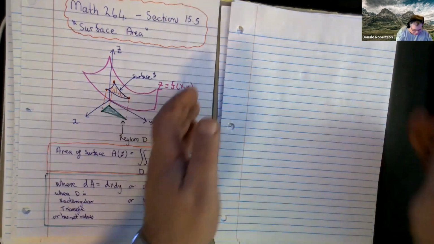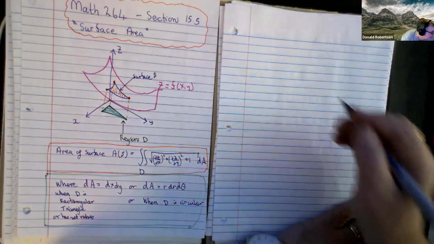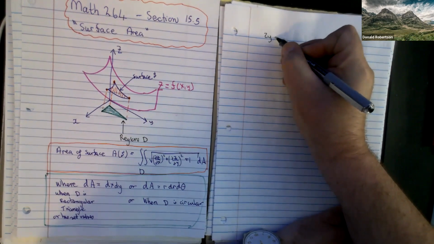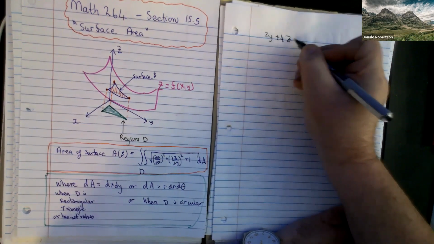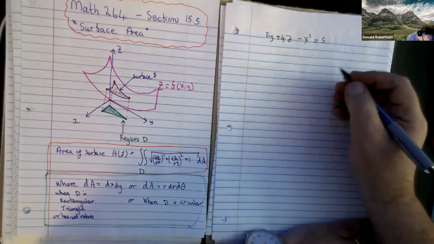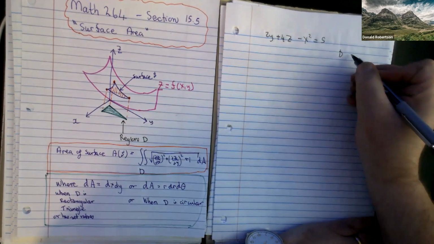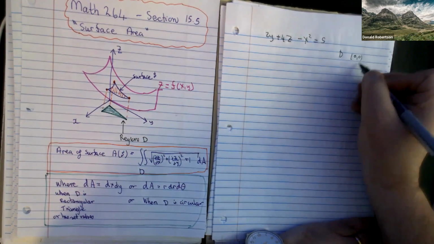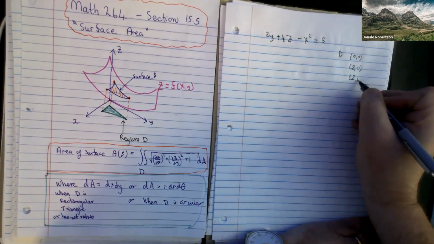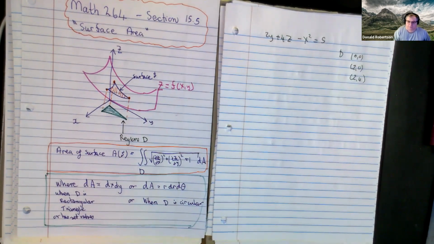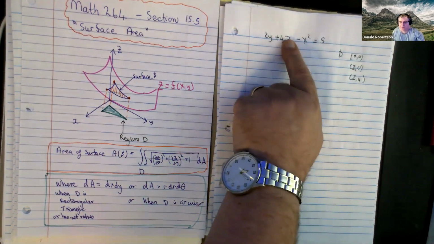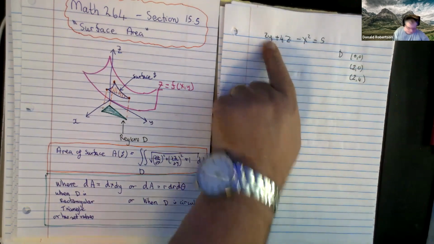I'm going to set up some, but not do them. So in this next question, we're given a surface written in that format. And we're told that the region D is the triangle formed by joining these 3 points together. Okay, so the region is a triangle and the surface is given in this ugly format.